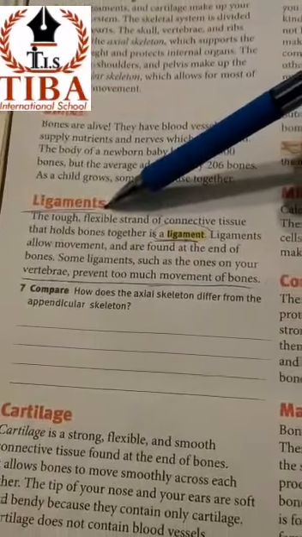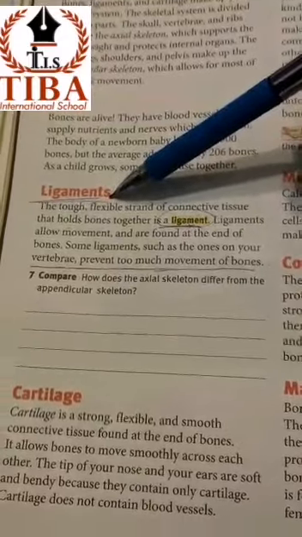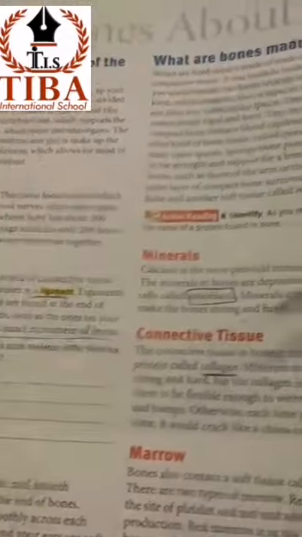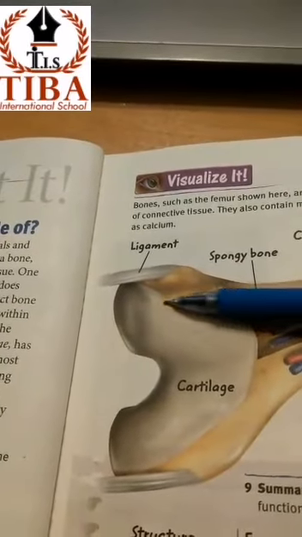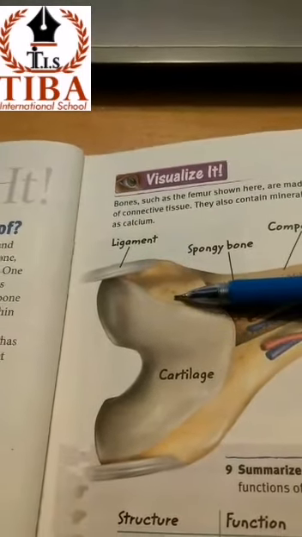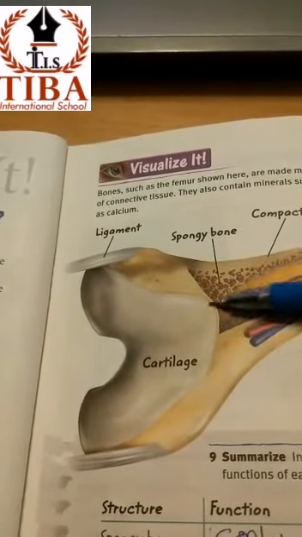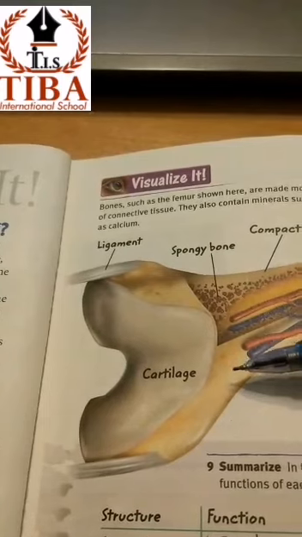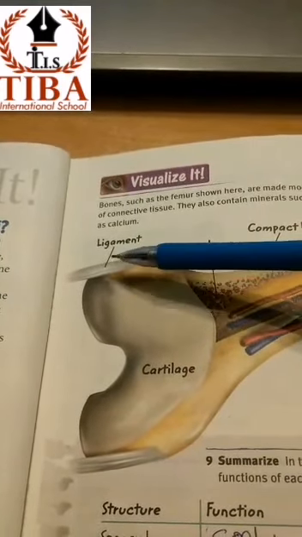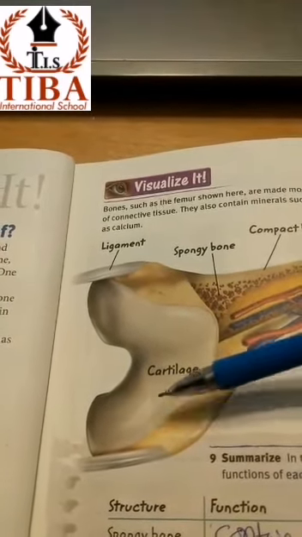That's the function of the ligaments. What about the cartilage? The cartilage is a structure found at the end of the bones that allows bones to move smoothly across each other. So the skeletal system is made up of bones, ligaments, and cartilage. Excellent.